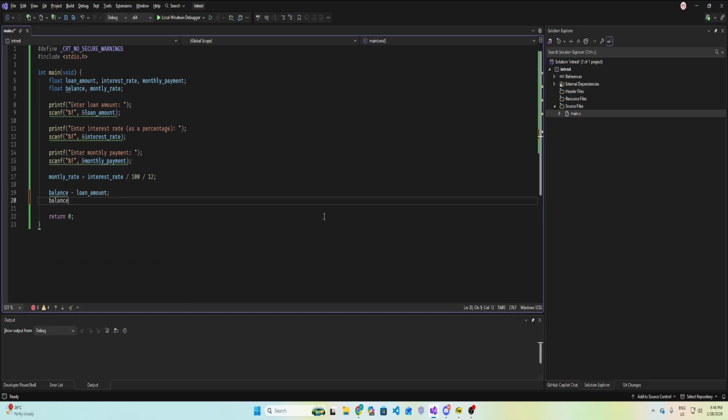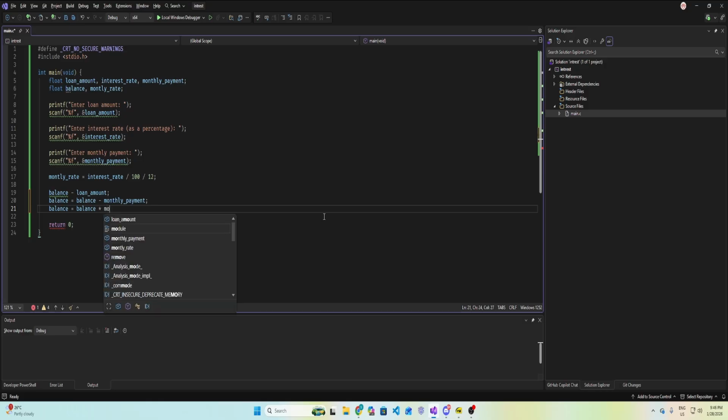Then we do balance is equals to balance minus monthly payment. So that's without interest. And then I think we do balance is equals to balance plus balance times monthly rate.